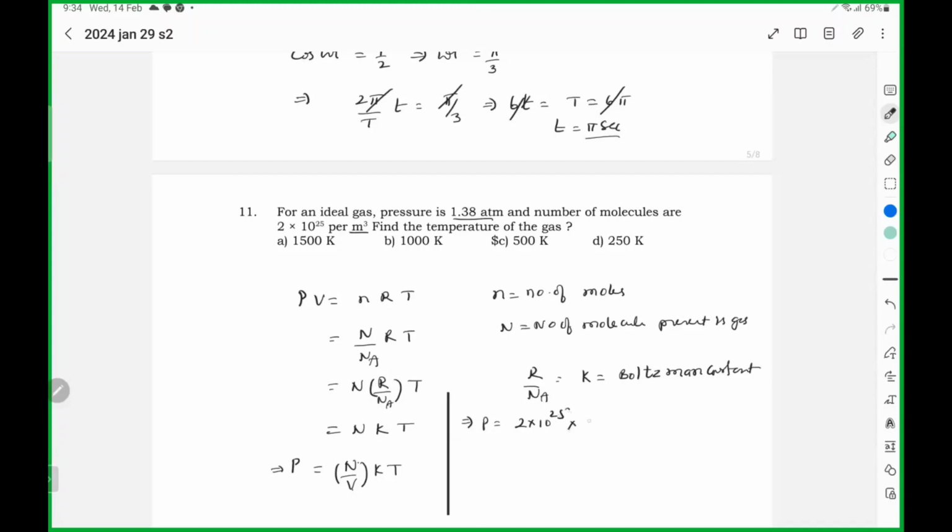Boltzmann constant value 1.38 into 10 power minus 23, temperature. 1.38, 2 into 1.38 into 10 square into T. So T here is, so 1 by 200.